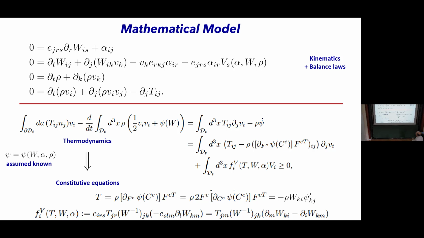And what this statement says is the compatibility between the evolution of the inverse elastic distortion and the velocity gradient. So v_{k,j}, or partial j, that's a velocity gradient on the current configuration. Everything is on the deforming configuration. So it's a compatibility statement between the evolution of the inverse elastic distortion, the velocity gradient, and the rate of plastic deformation.